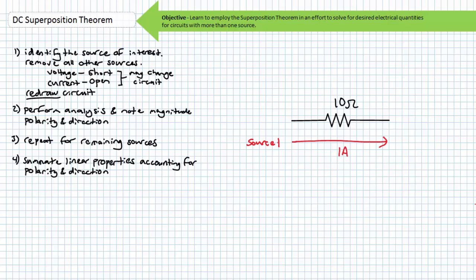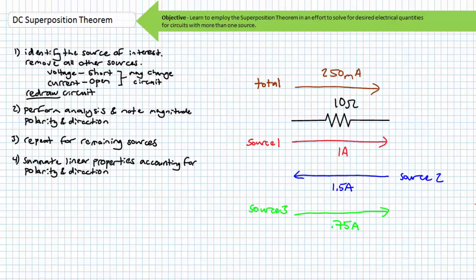When source 1 pushes 1 amp of current through a 10 ohm resistor, left to right, and source 2 pushes 1.5 amps of current through the same resistor, right to left, and source 3 pushes 0.75 amps or 750 milliamperes of current through the same resistor, left to right, the summation of these three currents is 0.25 amps or 250 milliamperes going left to right, and it is not 3.25 amps.